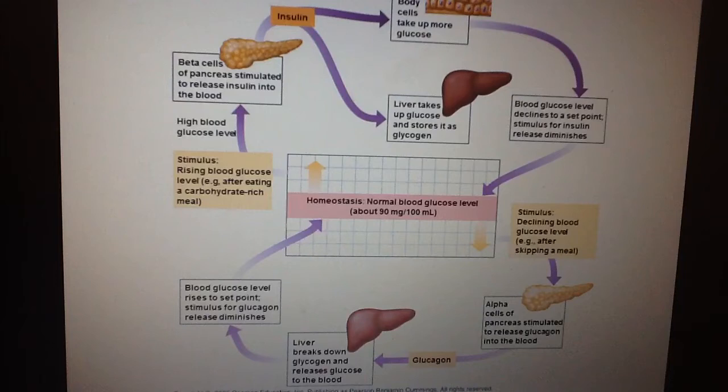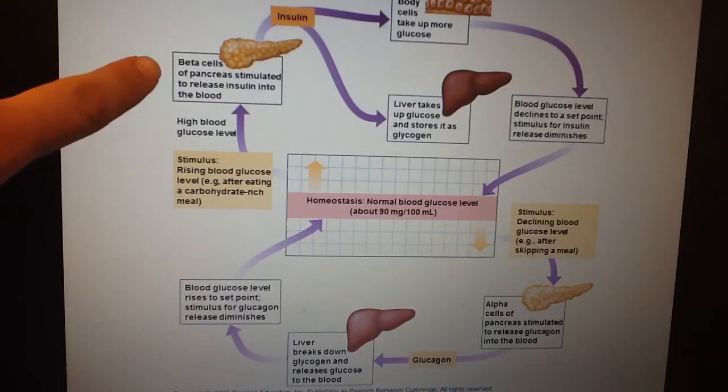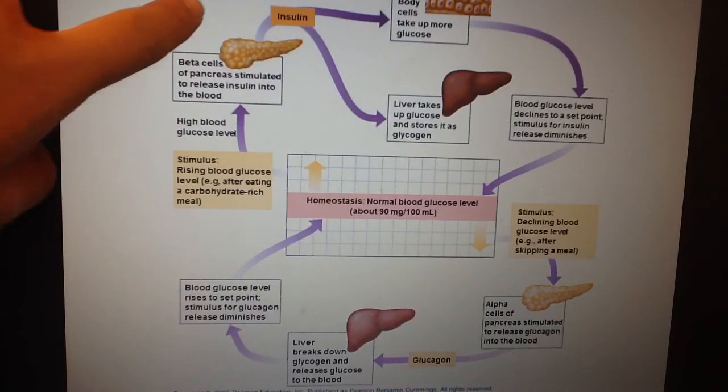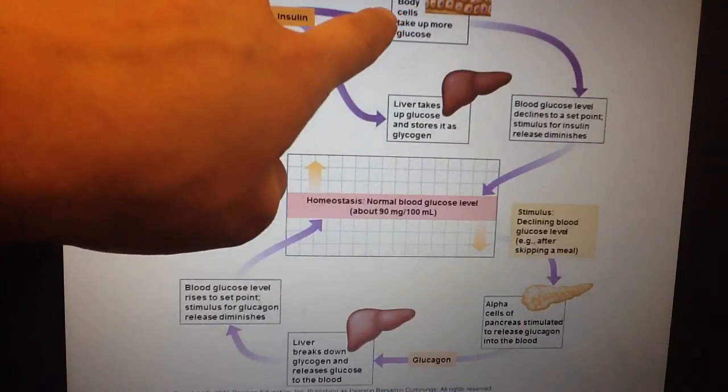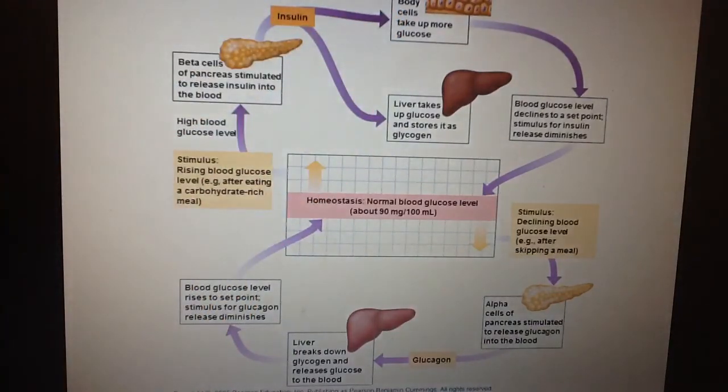So here again is a diagram of how we're maintaining homeostasis. We're looking at what happens if we have too much glucose in our blood. Well, all of a sudden our pancreas is going to be releasing insulin. Insulin then tells our body cells to take in glucose. It tells our liver to start taking up glucose and store it as glycogen. So we're storing the glucose, getting rid of it in our blood, and it falls back down.